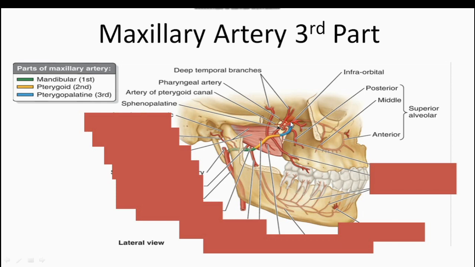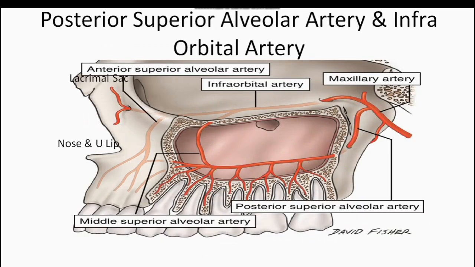You can see the superior alveolar, the posterior superior alveolar, which is the first branch. Then further branches: the deep temporal branch, then the pharyngeal artery, then the artery of the pterygoid canal, then the sphenopalatine. Clear? Now we will see each artery one by one in detail.